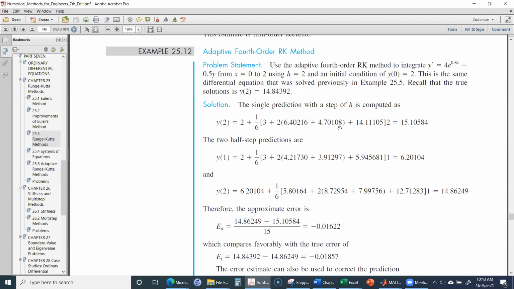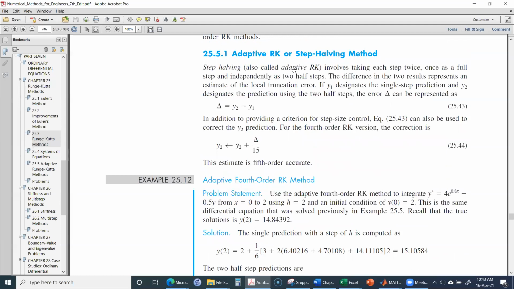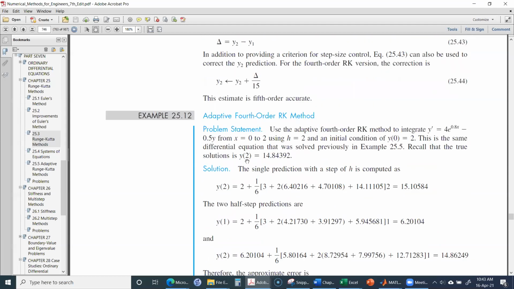By these k1, k2, k3, and k4, we find the value of y by the fourth order Runge-Kutta method, which will be 15.10584. Remember that in this case, we have taken a step size of 2. If we are applying this method, we will find the value of y at 2 by two approaches: one with a full step size and the other with the half step size.